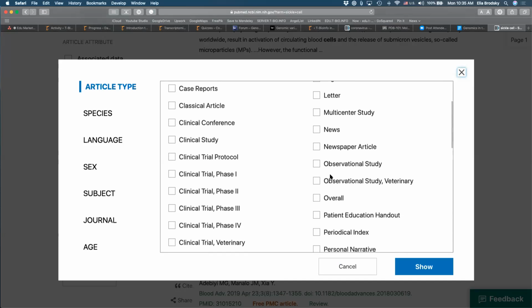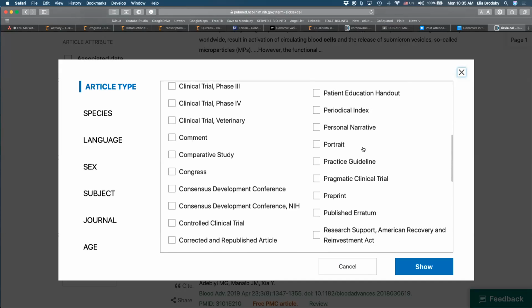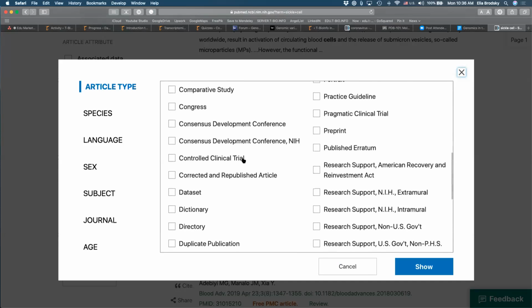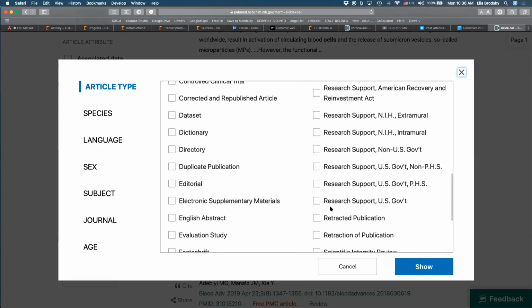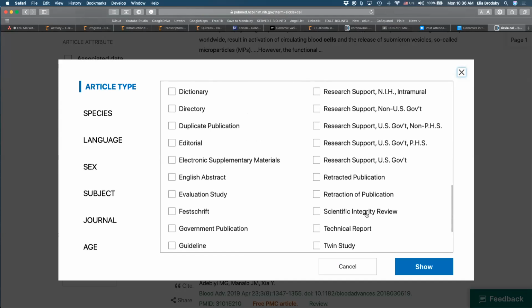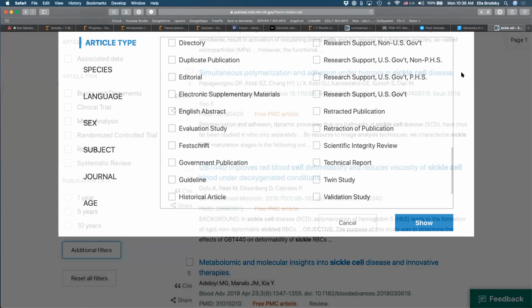You can look at observational studies. You can look at, let's see, comparative studies. You can look at editorials, right, etc. So you can really look at a number of different types of literature as you search through.